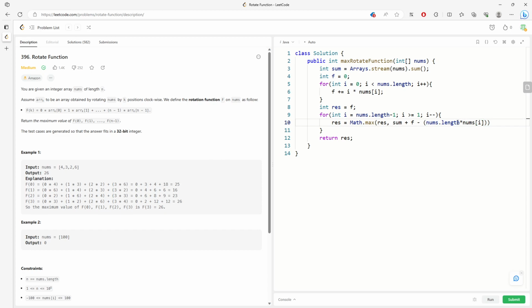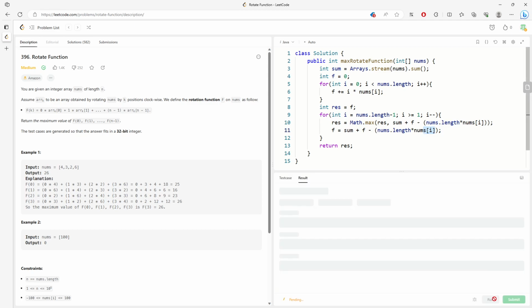So in this one it is 3D, and then you need to calculate the next iteration f again. Again, this is the formula for f: f of 1 is equal to sum plus f of 0 minus 3 times this, and then it's going to be C, B, A for every single iteration later on. So I'm going to just run it.